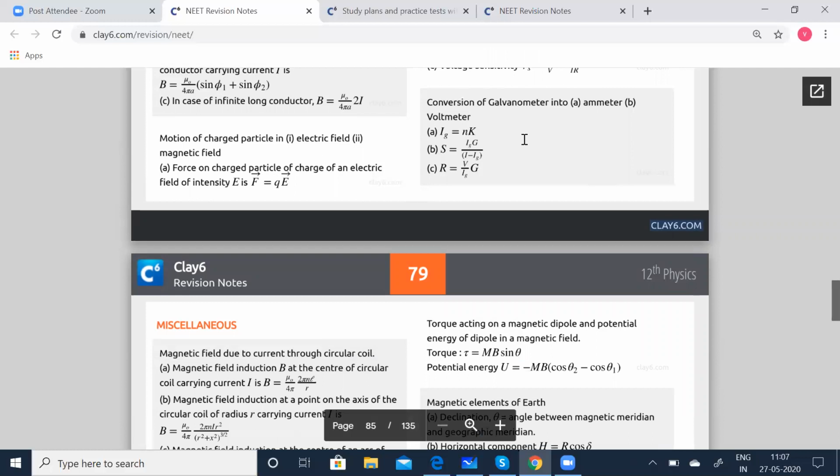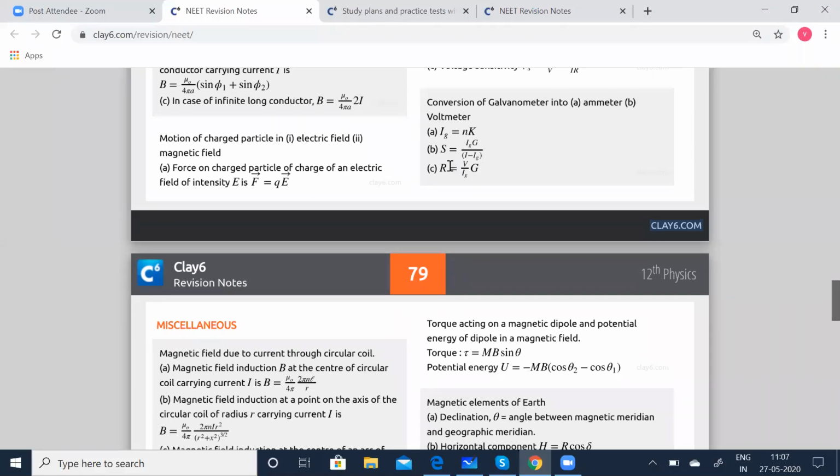This also might be a very important concept you have to know. Ig is equal to Nk, where Ig stands for the galvanometer current. S is the shunt resistance. S is equal to Ig times G by I minus Ig, where G stands for the galvanometer resistance, Ig is the current through the galvanometer, and I is the total current.